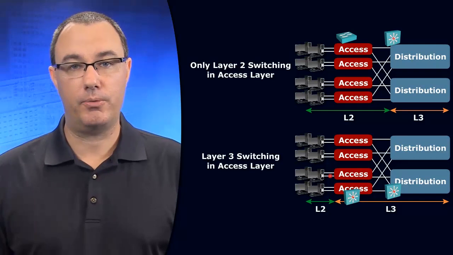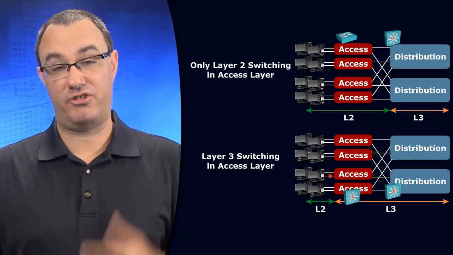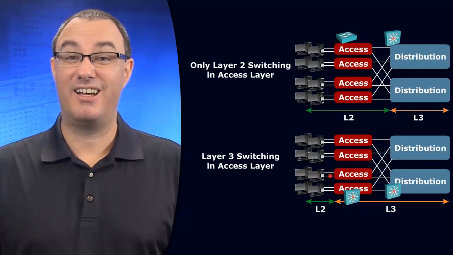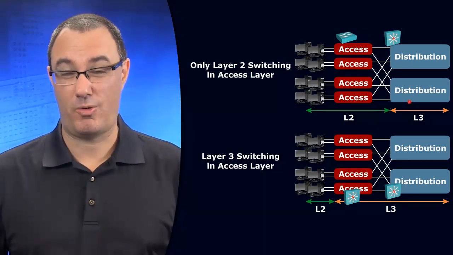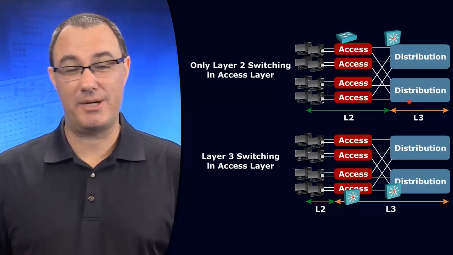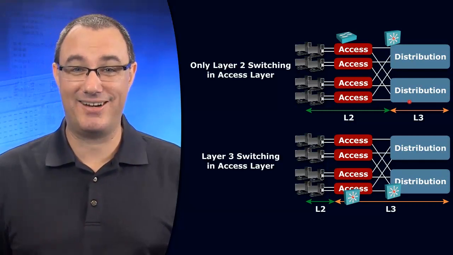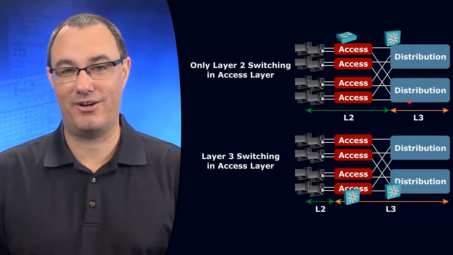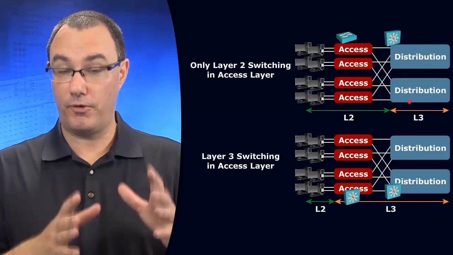And what we're going to do is what we've been doing since I started teaching this type of curriculum in 1999: layer 2 access. That's it. Layer 2 access. Okay? So if someone is talking about their network, if they don't tell you they've got a layer 3 access layer, you can probably assume it's a layer 2 access layer. And all of the technologies we're going to talk about are focused on layer 2.